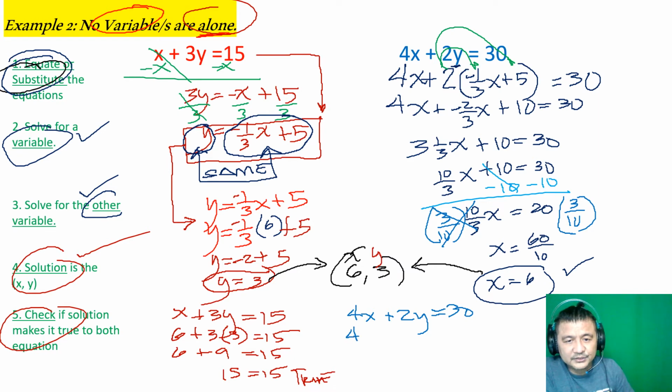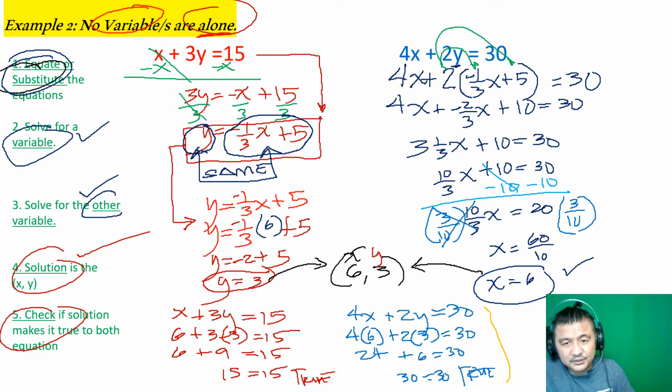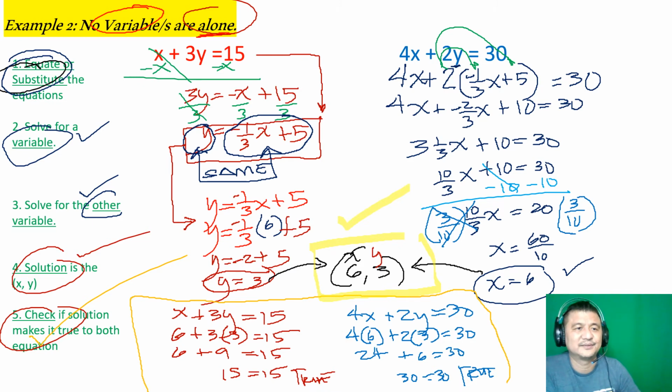So 4 times 6 plus 2 times 3, is it equal to 30? 24 plus 6 is equal to 30. Left side is 30, right side is 30. It is true. All right. So this is our checking. Checking works. Therefore, I am very sure that my solution is correct.